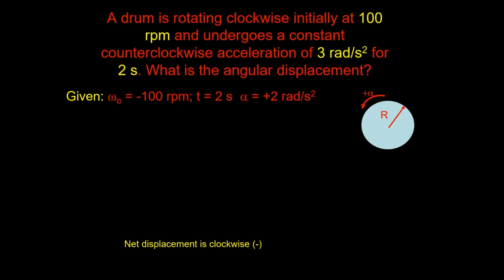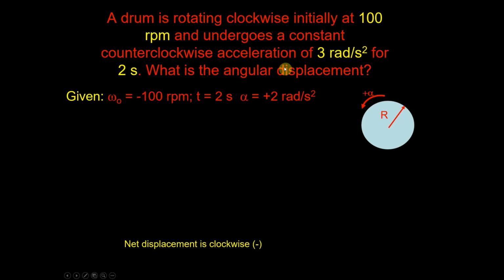I tend to just write the magnitude of 3 radians per second, and then just write clockwise or counterclockwise next to it. Additionally, apologies if I ever say anti-clockwise. That's the English version of counterclockwise. But anyway, back to what we're talking about. That's the angular displacement. So our initial omega is 100 RPM. We've defined it as negative 100 RPM.